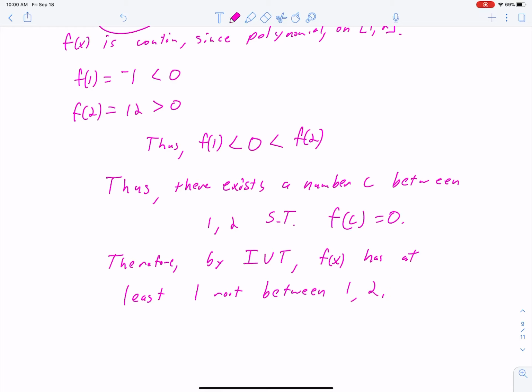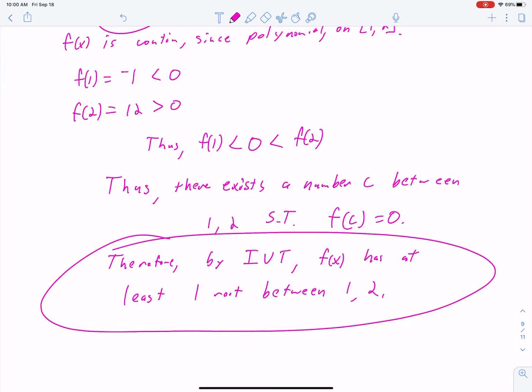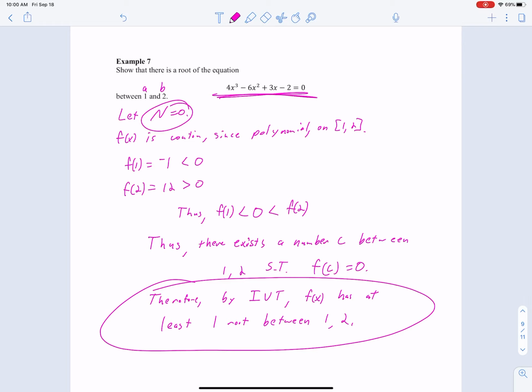We say at least one root because it just shows there's got to be at least one place where there's a root between 1 and 2. You could graph this to show something else, but there may be more, there may not.